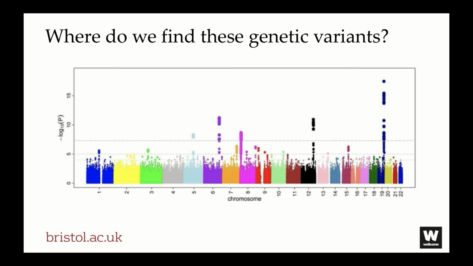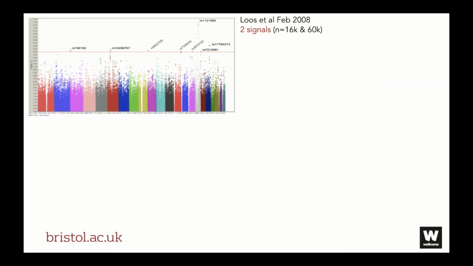Just as an example, I do come from a place that does a lot of work on body mass index and adiposity. So this is the landscape of genome-wide association studies for body mass index. In 2008, there was a study conducted by Ruth Loos at Mount Sinai in New York.